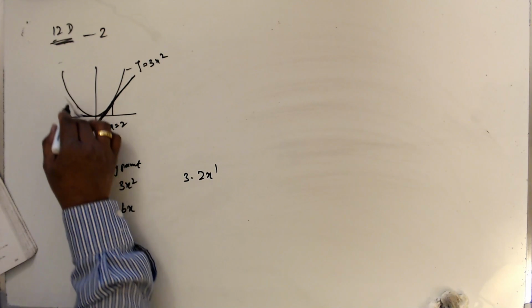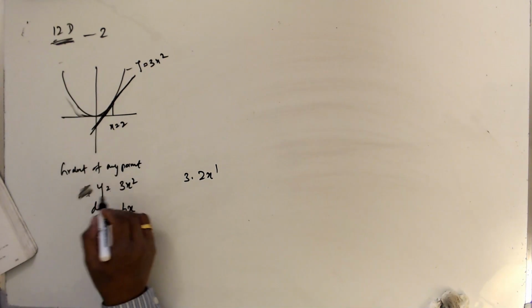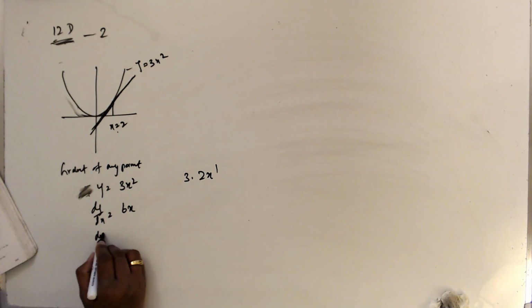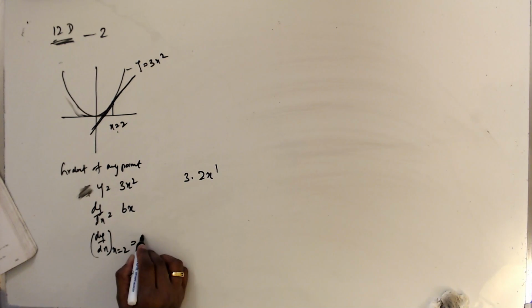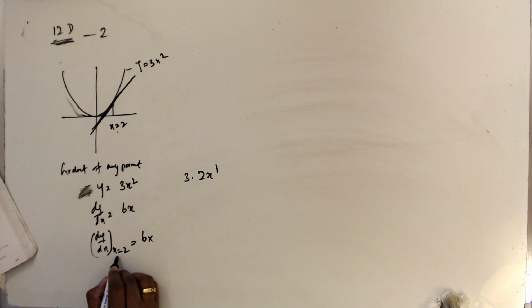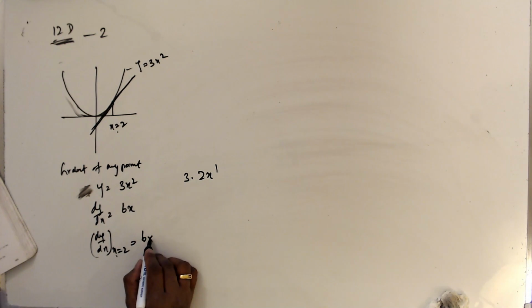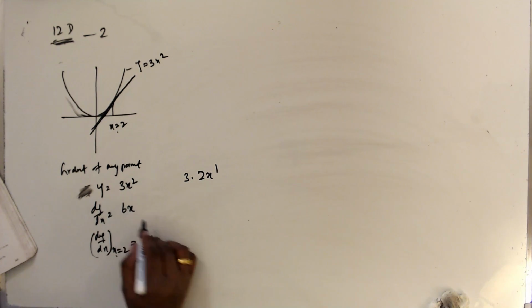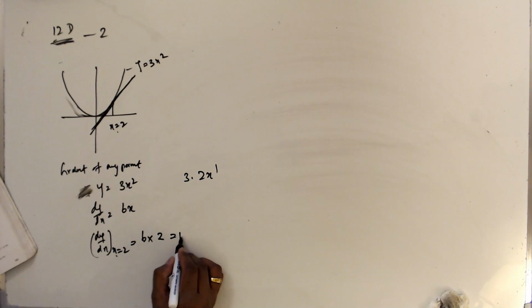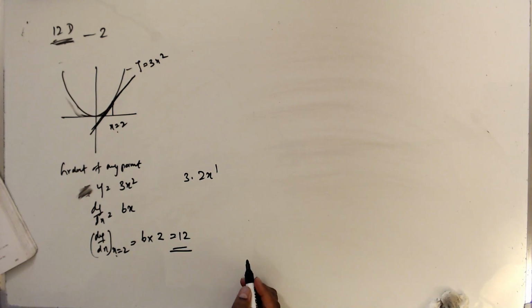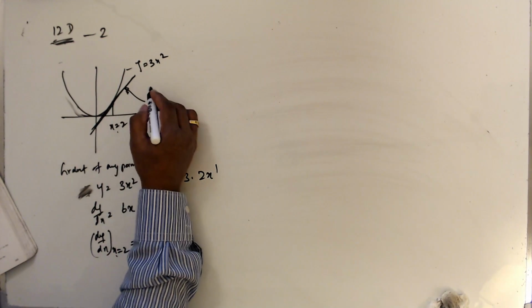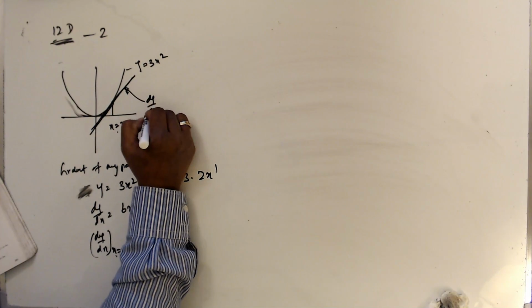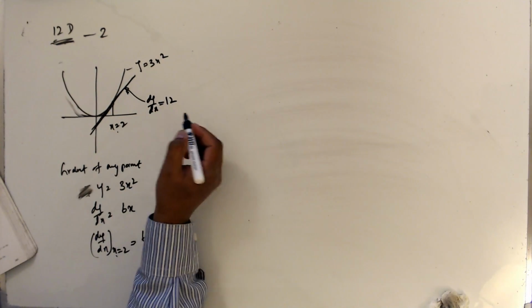Now at which point? When x equals 2, it means you substitute the value given, so 6 multiplied by the x value, 2. The answer is 12. The gradient is 12. So the tangent gradient, dy by dx, is 12.